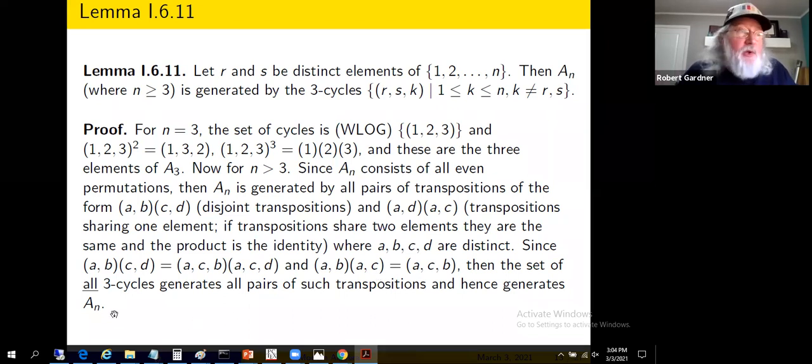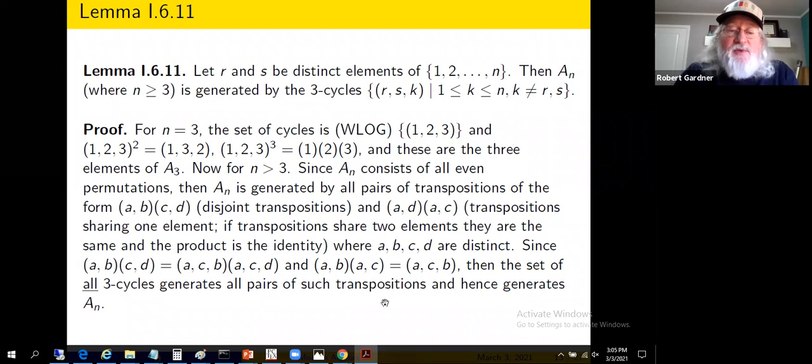That's all possible non-trivial, non-identity products of pairs of transpositions. Well, it turns out this kind of product of a pair of transpositions can be written as a product of a pair of 3-cycles. This type of product of a pair of transpositions is a 3-cycle.